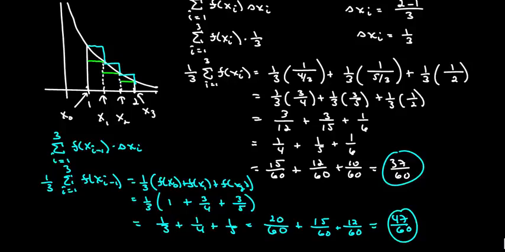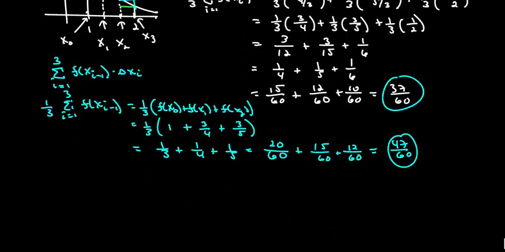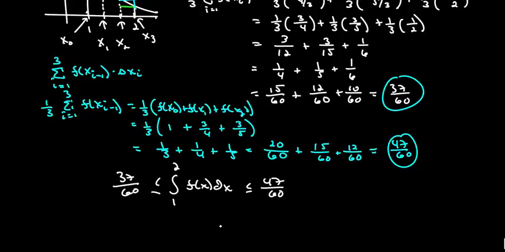My upper estimate was 47 over 60. That means that the integral, the actual area, between 1 and 2 of f of x dx has to be between those upper and lower bounds. So it's going to be between 37 over 60 and 47 over 60, which means that we're within 1/10.